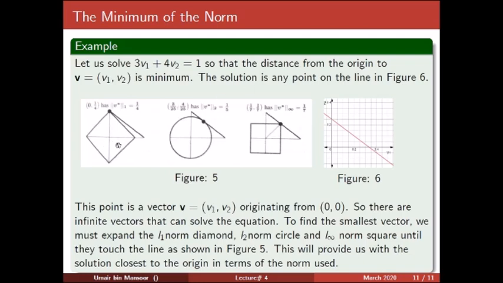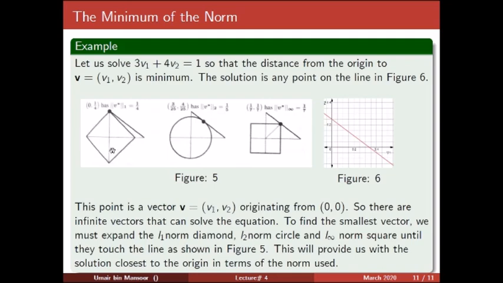So if you're talking about the L1 norm, let's tackle this problem one by one, first the L1 norm, the L2 norm, and then the L infinity norm.